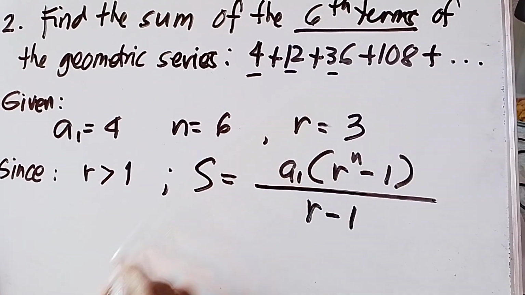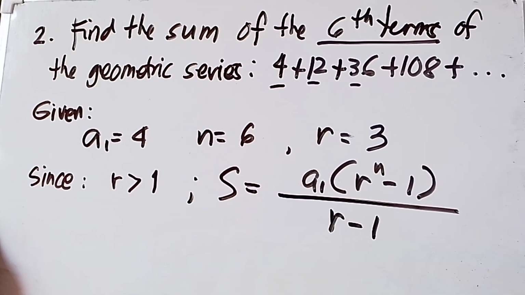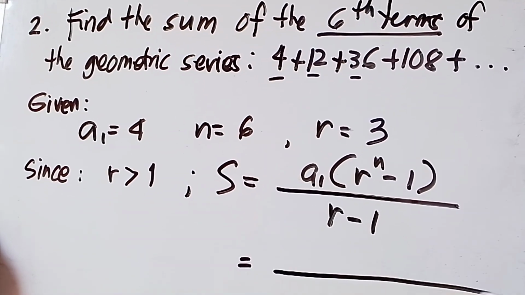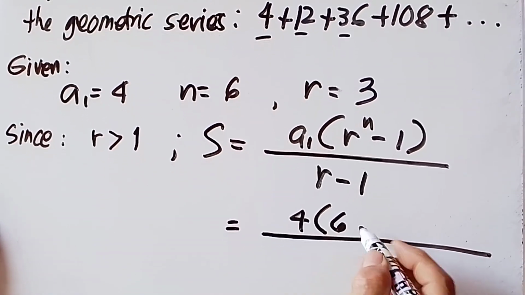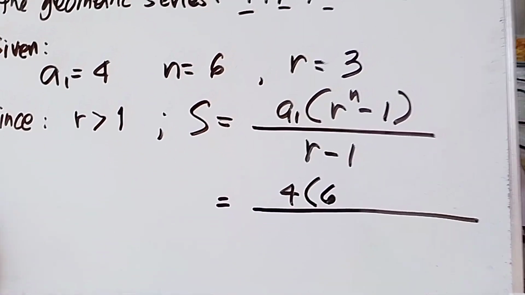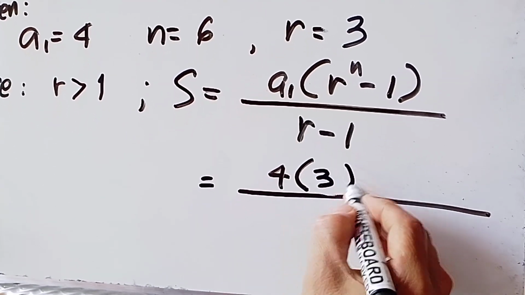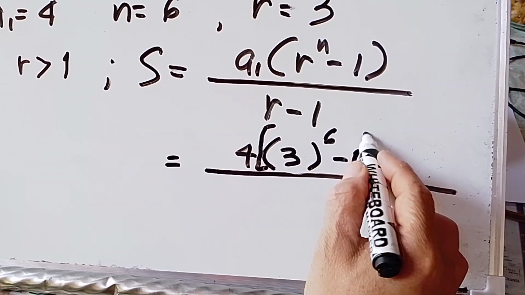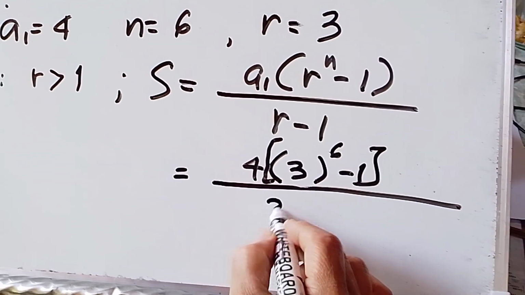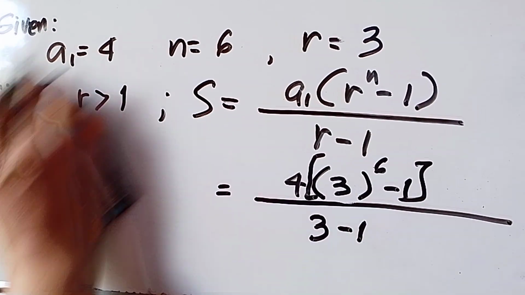So we need to substitute our given to the formula. A1 is 4 times R is 3, to the power of 6, minus 1, then R is 3 minus 1.